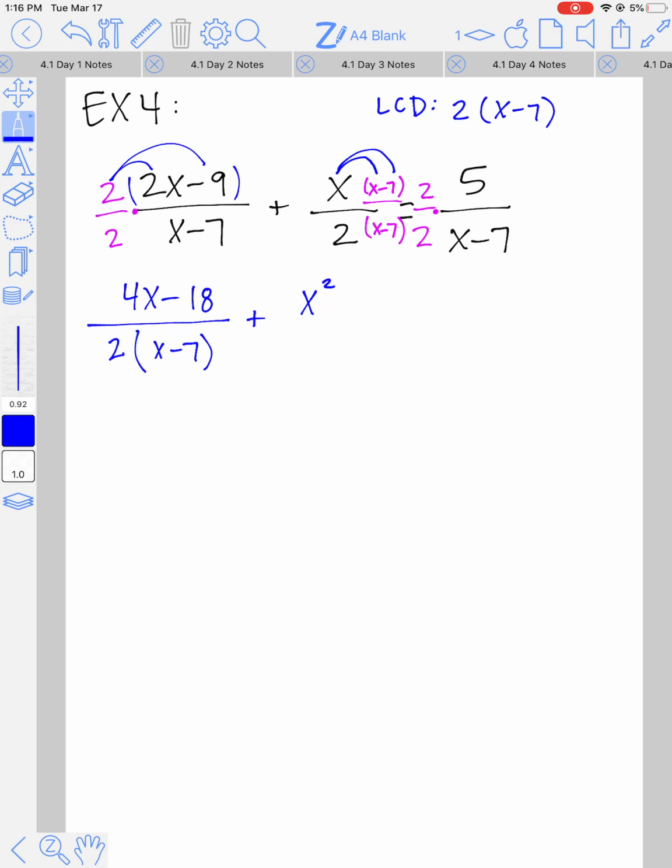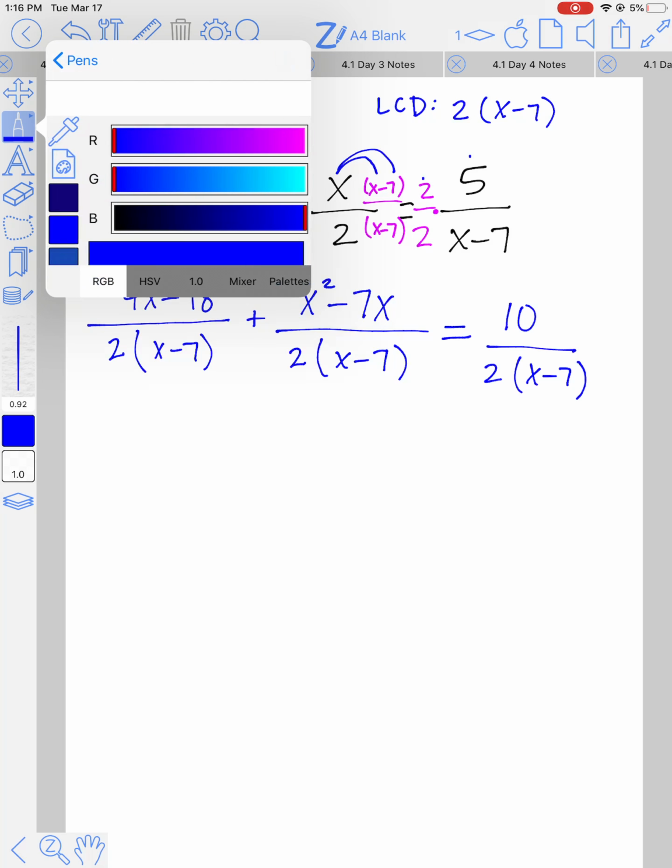So on the top, I'll have x squared minus 7x. Then on the bottom, again, I'm going to leave it factored. We have 2 times x minus 7 for the middle thing. Now on the right side of my equal sign, I have this 2 times 5 will give me 10 on the top. And then I'll have 2 times x minus 7 in the denominator.